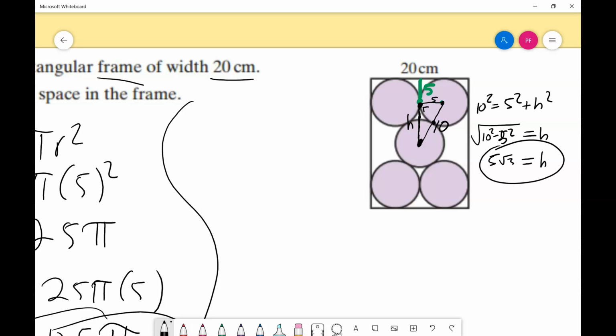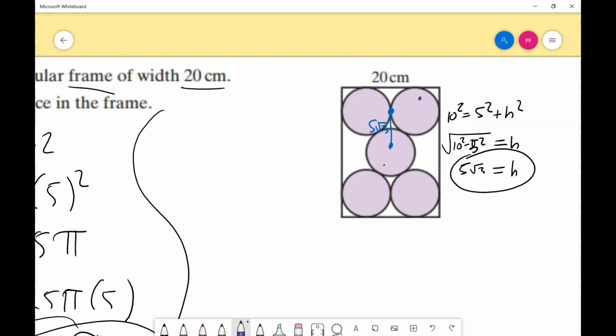So what have I found out there? Well, I now know that the length from here to here is 5 root 3. The length from there to the top corresponds to the radius of a circle, so that's 5. So then here to here will also be 5 root 3, and here to here will be 5.